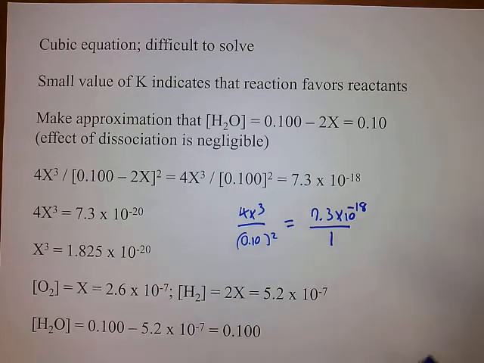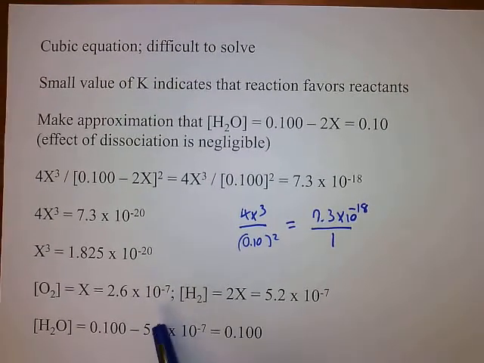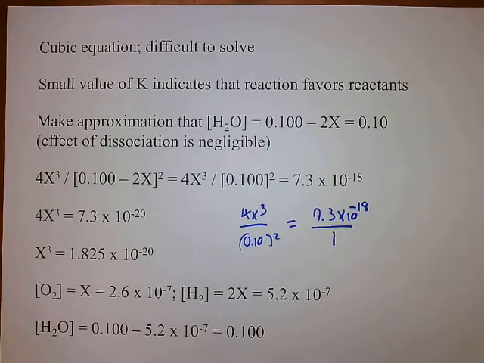Take the cube root of that, and x comes out to be 2.6 times 10 to the minus 7th, which is indeed pretty small. The way we set the problem up, the concentration of hydrogen would be twice that, which is 5.2 times 10 to the minus 7th.